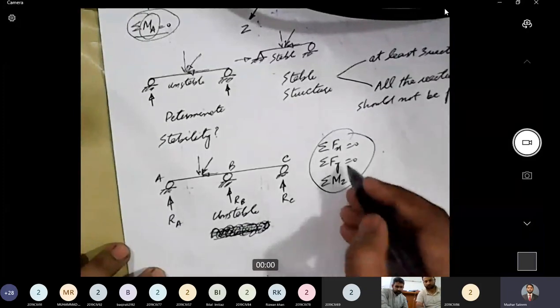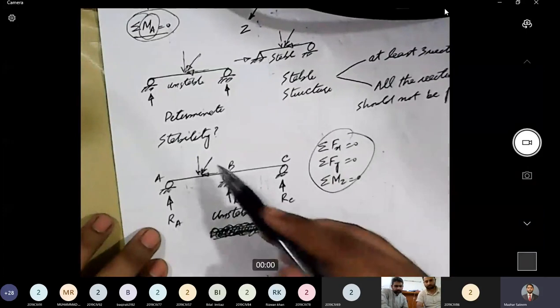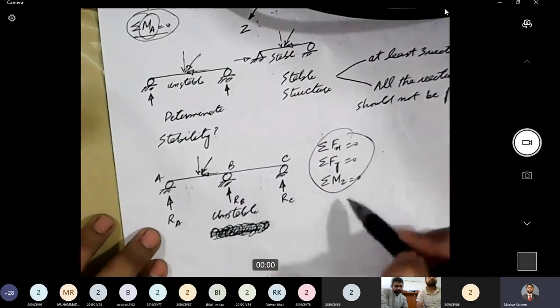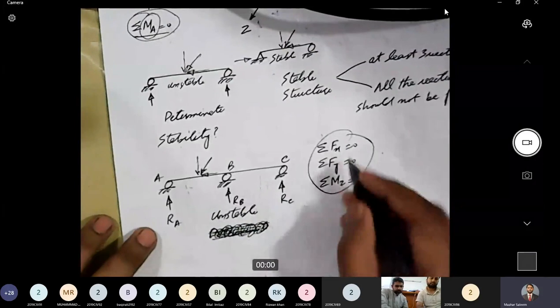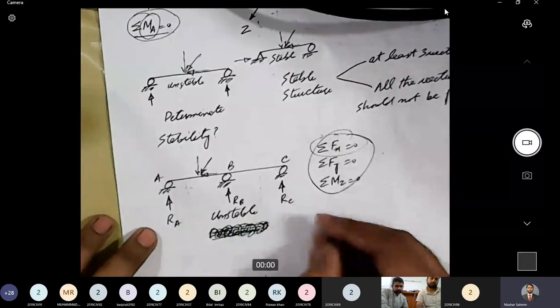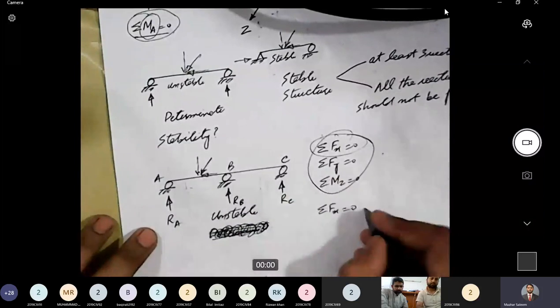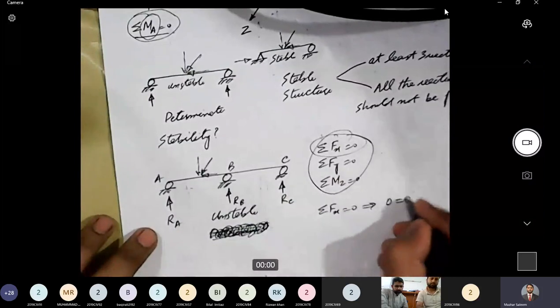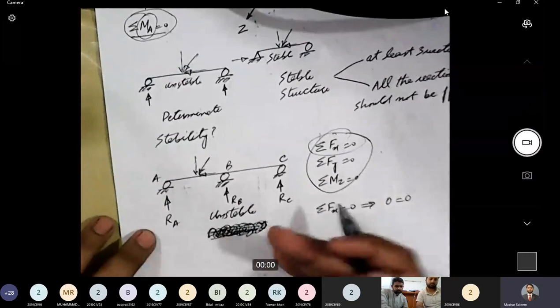Because we can apply sigma Fy equal to 0 and we will get some relationship between known and unknown parameters. Similarly, we can apply sigma Mz equal to 0 and we will get another relationship. But what about sigma Fx equal to 0? If I apply sigma Fx equal to 0 on this structure, I will get 0 is equal to 0. I will not get a relationship between known and unknown parameters.